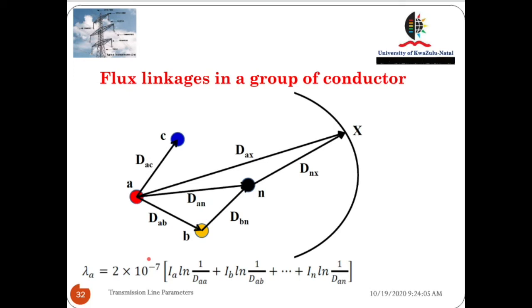And if we extend it, like yesterday I was saying, for each phase we don't use one conductor, we use a number of subconductors. That will also come into the scenario. That's why we have to consider all the conductors present in the vicinity in the calculation of flux linkage, and hence the inductance of the conductor. Is that clear?